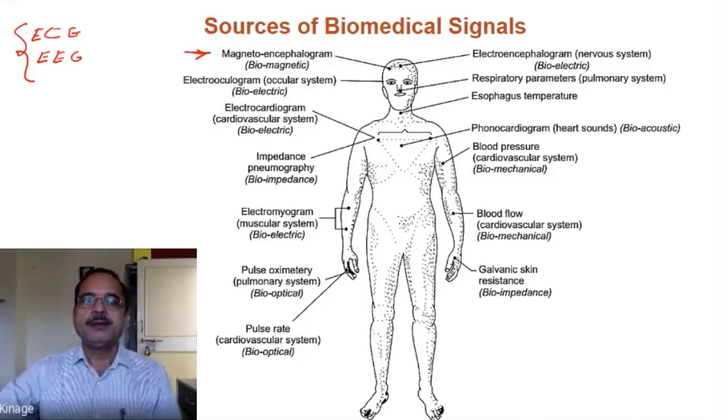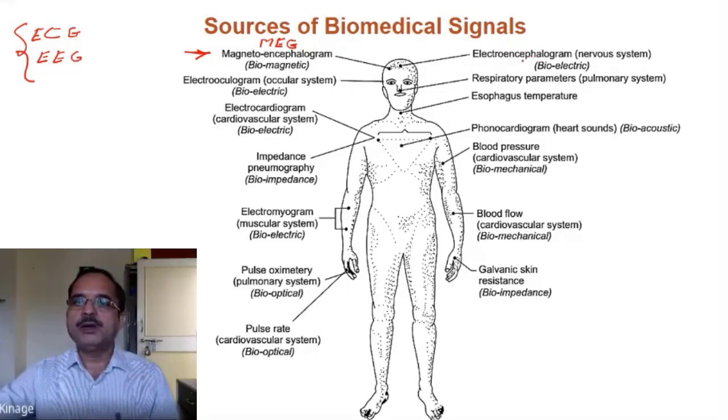This is denoted by the symbol MEG, magnetoencephalogram. Then related to the nervous system, we have electroencephalogram, that is EEG.